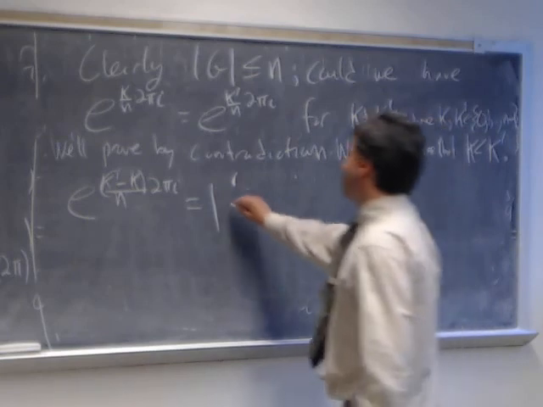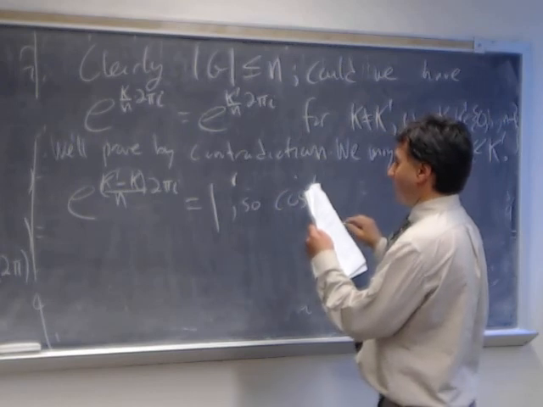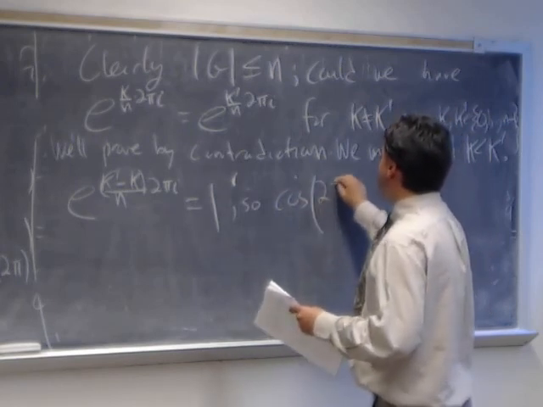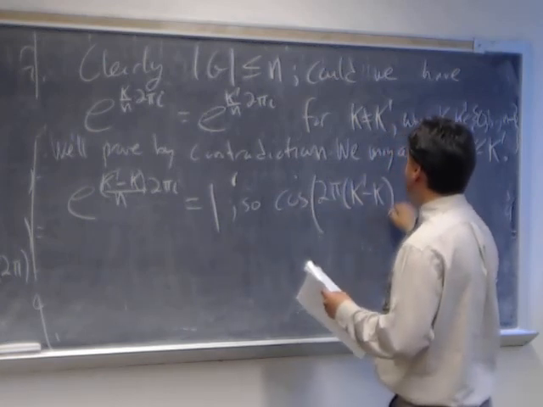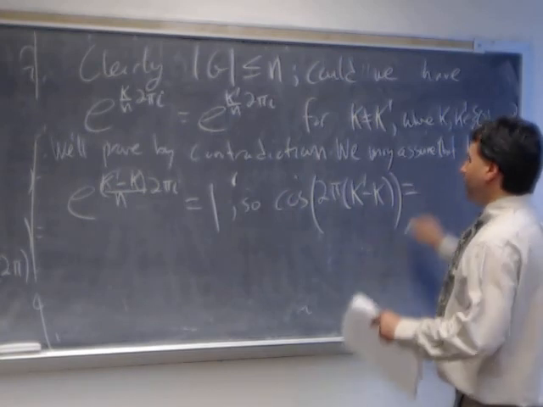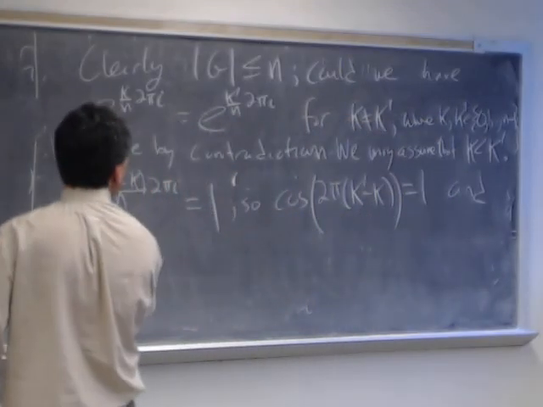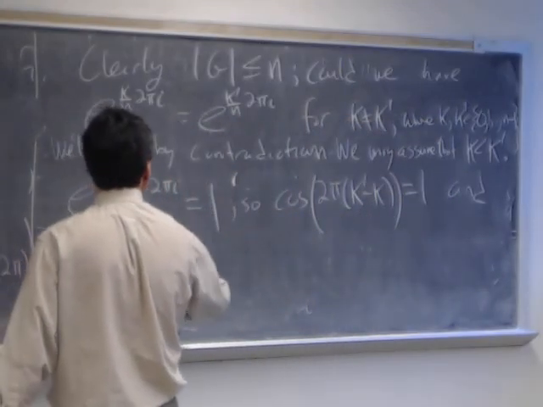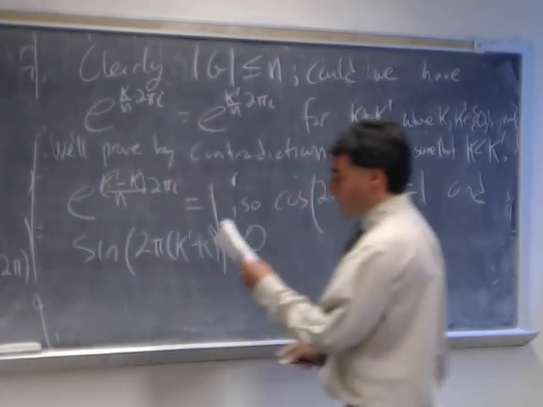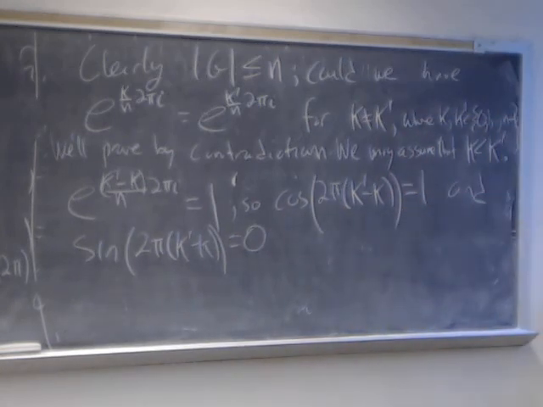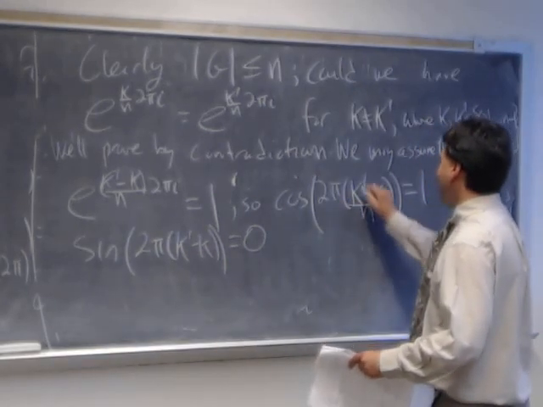So what does that mean? We have the cosine of 2 pi times (K prime minus K) over n has to equal 1. And then for the imaginary part, there's a 0 i here, so the sine of 2 pi (K prime minus K) over n has to equal 0.